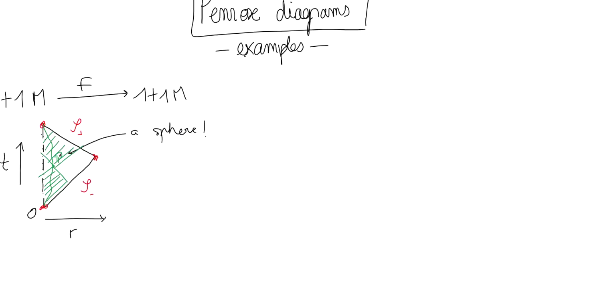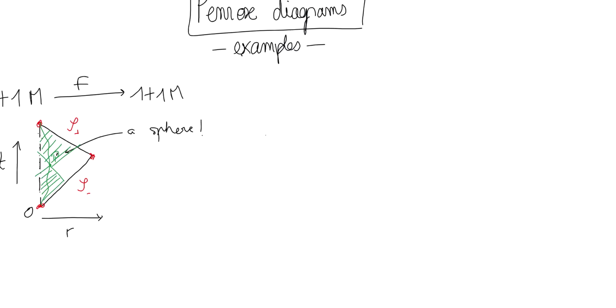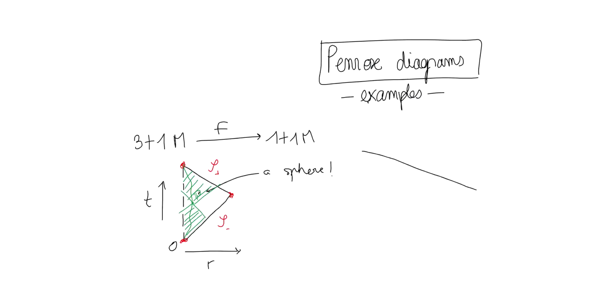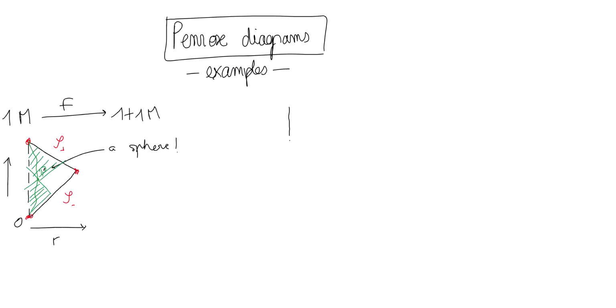The next example is the spacetime where a Schwarzschild black hole with a collapsing star occurred. So it will look like this. So this is R equals 0.